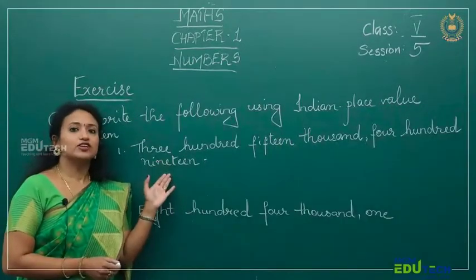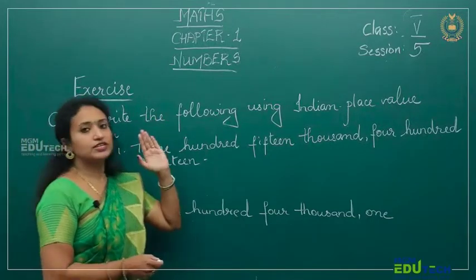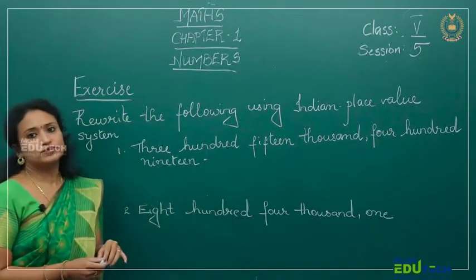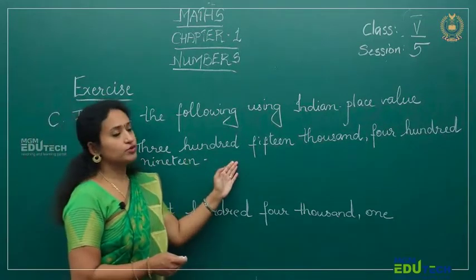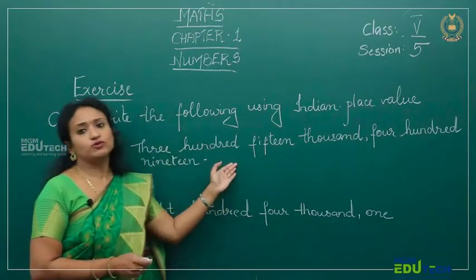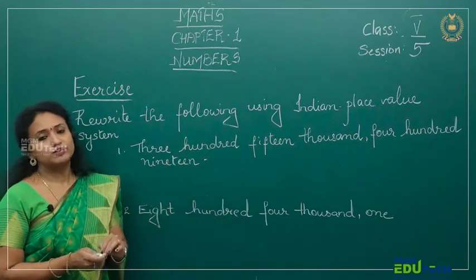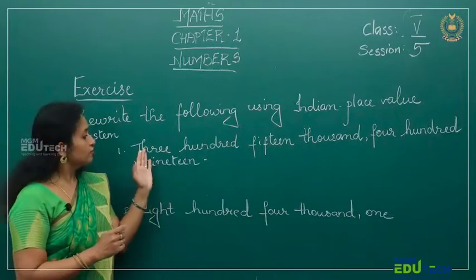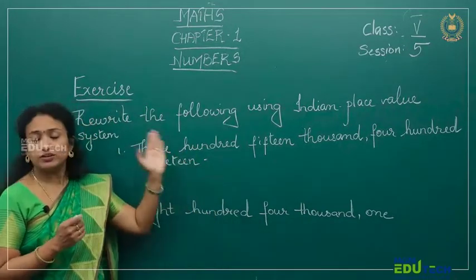Okay, now this is your third question. Rewrite the following using the Indian place value system. So here what is given to you? It is given to you in the international place value system, and you have to rewrite this in the Indian place value system. So just like we did previously, first read this and write this number in figures.